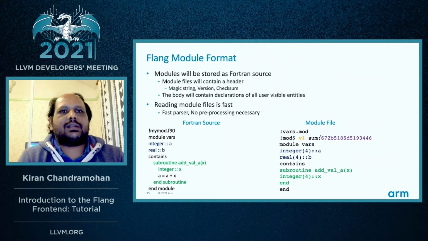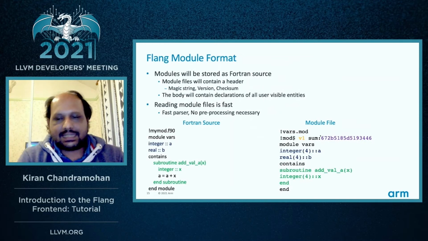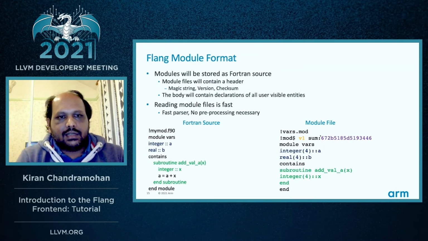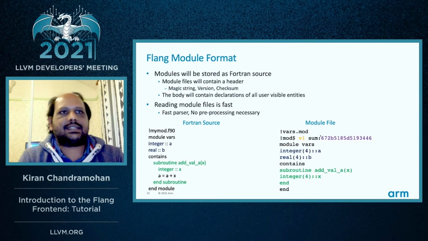And when this module is used by some other portion in the source code, then the compiler can check whether the signature of the subroutines and functions match, whether the types of the variables that are used match. So that's what we have on the right hand side at the bottom, where I've given the module file corresponding to the source on the left hand side.